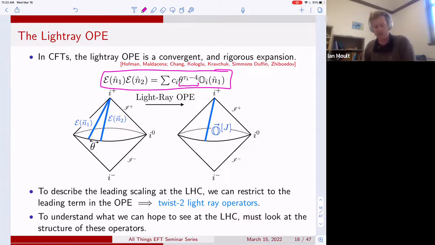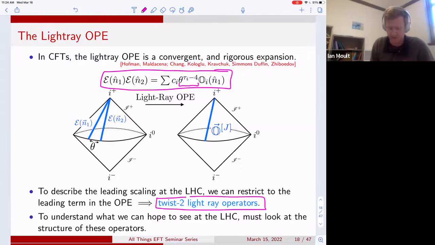Here, I'm just going to focus on the leading behavior, which is what will dominate in an actual plot that one sees for the LHC. Therefore, to understand what appears in this operator product expansion, and to understand the scaling behavior in jets, one has to understand the twist two light ray operators that appear in the particular case of QCD, because these are what will dominate the scaling behavior.